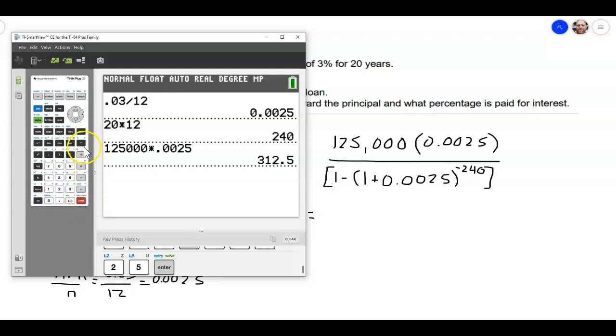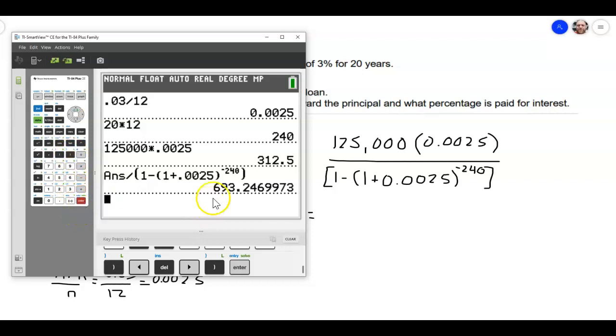And then we're going to divide that by, I'll put the whole bottom in parentheses here, 1 minus, in parentheses, 1 plus 0.0025, close parentheses, raised to the negative 240, close parentheses, and 693.25.